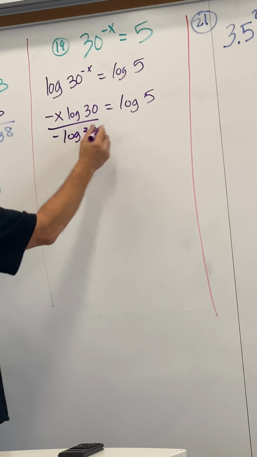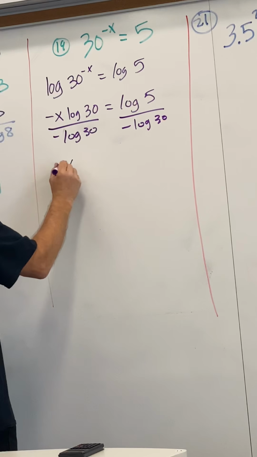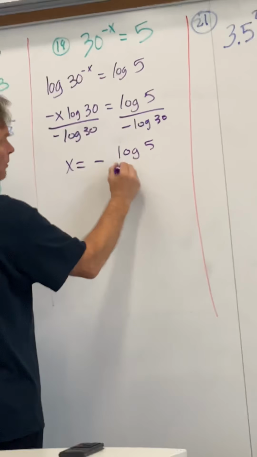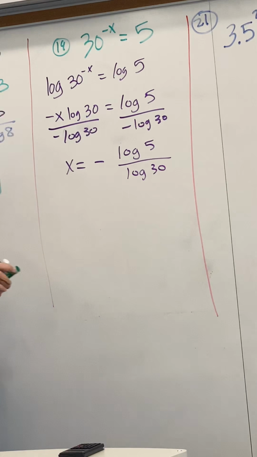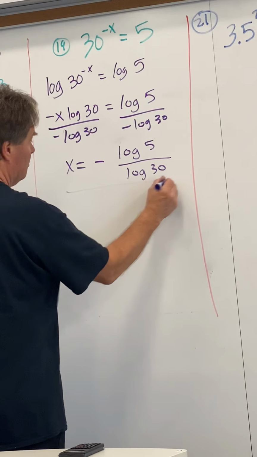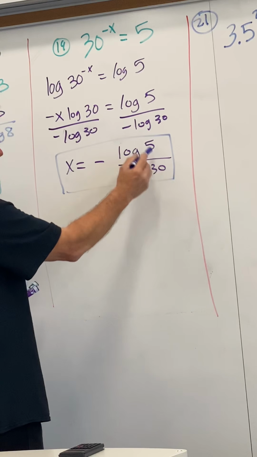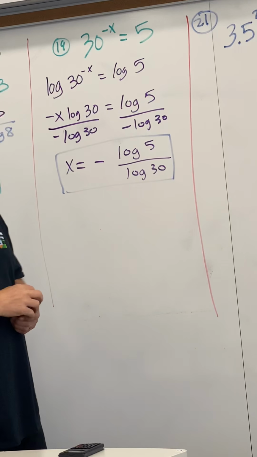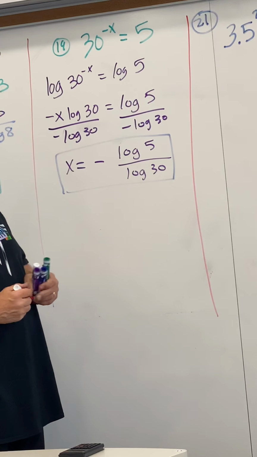So I'm dividing by negative log 30. So x is negative out front, log 5 over log 30. Now, very important to understand, this is as simple as it gets. You cannot cancel logs. You cannot cancel 5 and 30. It's log 5 over log 30. That's as simple as it gets. That is the answer in calculation ready form with the minus out in front.